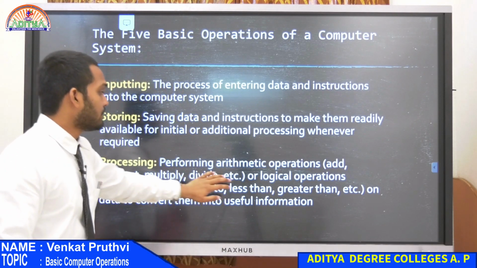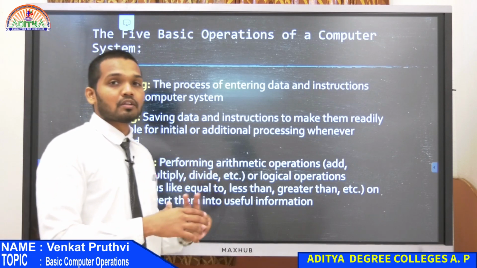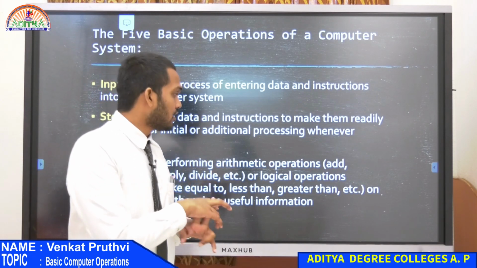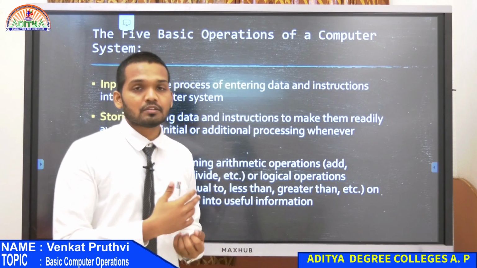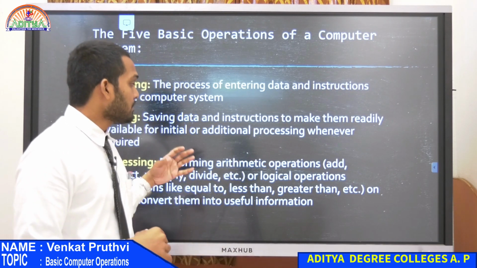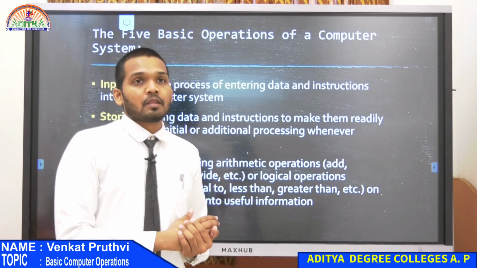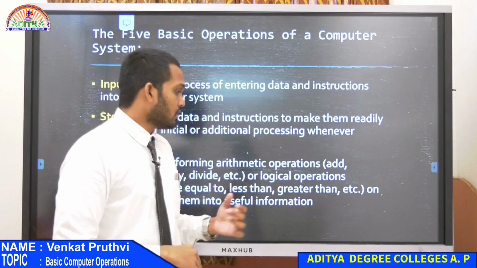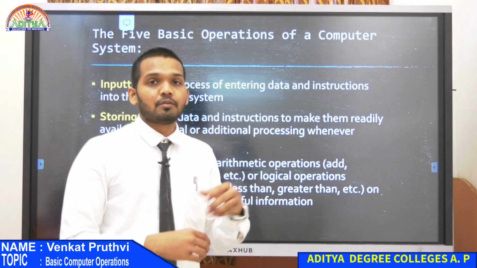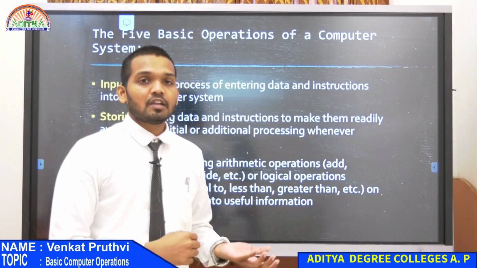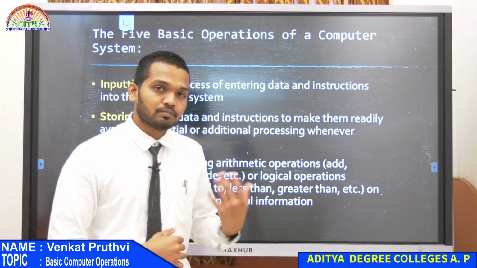So that is processing. In processing we have 2 important things. One is arithmetic operations and the other is logical operations. Arithmetic operations involve addition, subtraction, multiplication, division, etc. And logical operations are all about comparison. Without comparison or assessing an input given by the user, the computer wouldn't be able to accurately give out a result for the program.